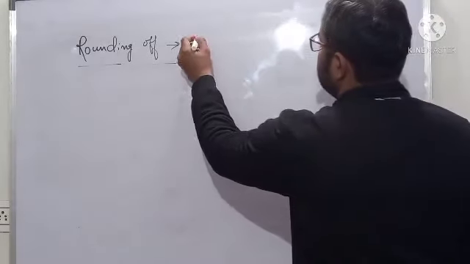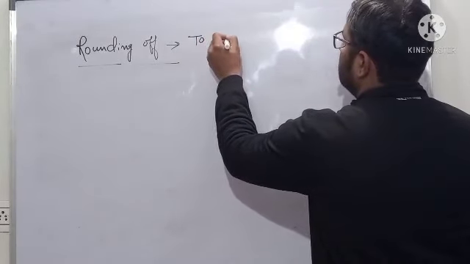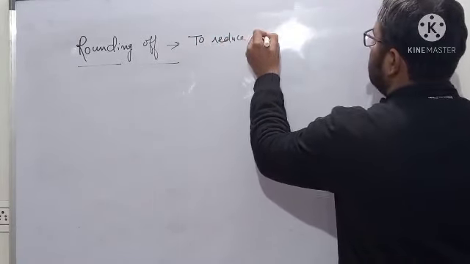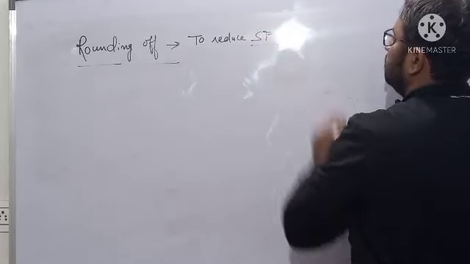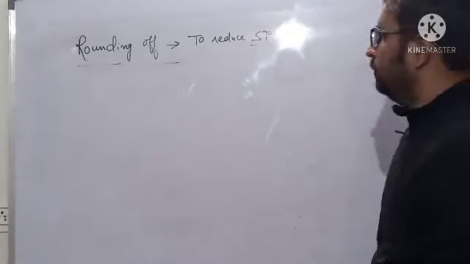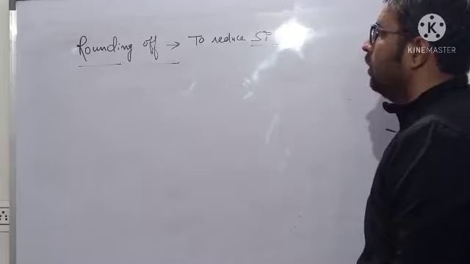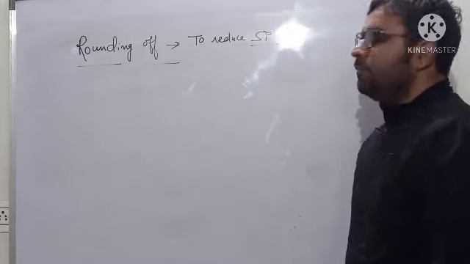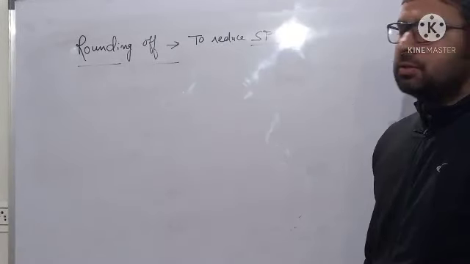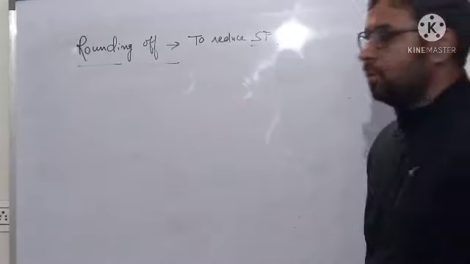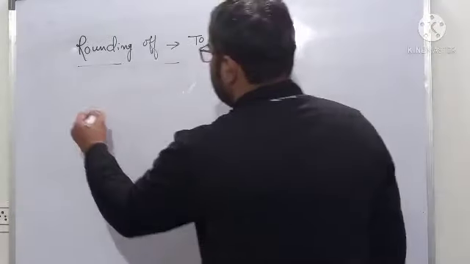This is used to reduce significant figures in the measured value. Now, we have certain standard 5 rules for rounding off a number. Let us start from rule 1.